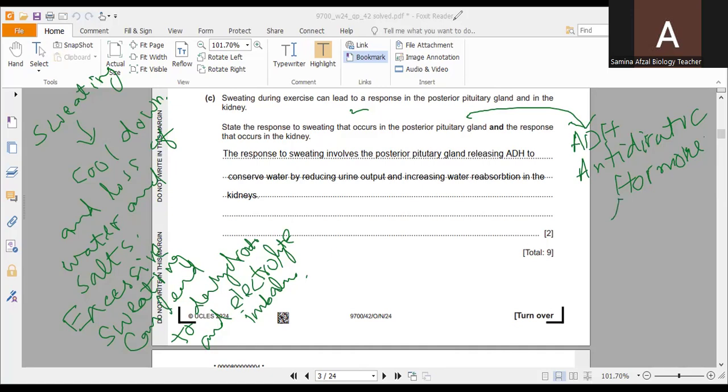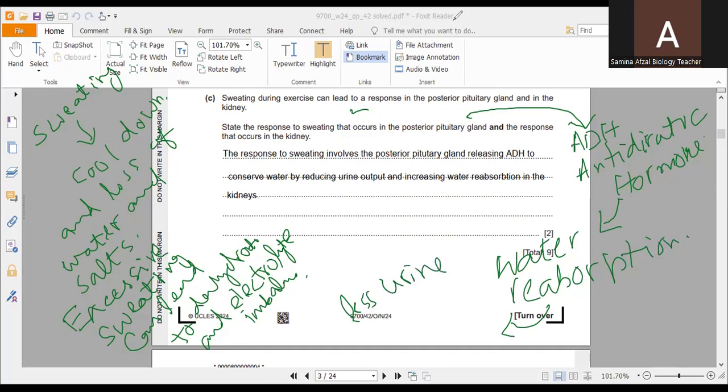This antidiuretic hormone will affect the process of excretion. At that time, extra water will be reabsorbed. Water reabsorption will take place, due to which there will be less urine, so the process of dehydration is reduced.